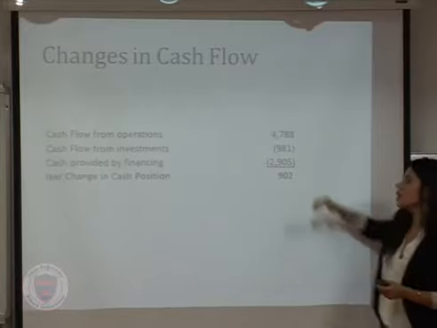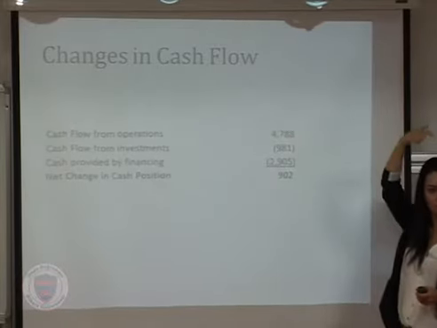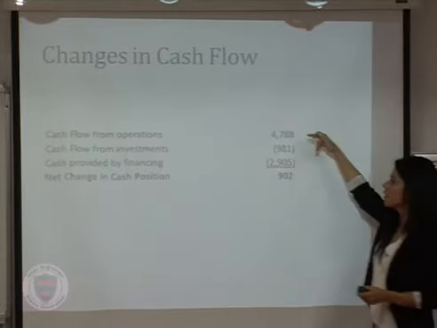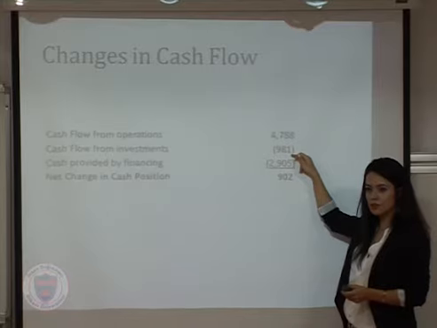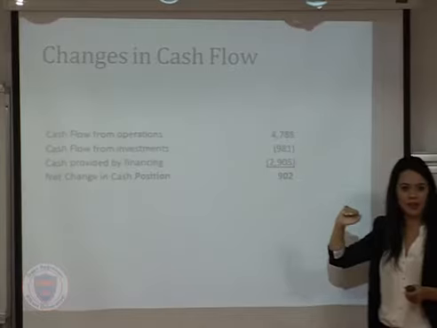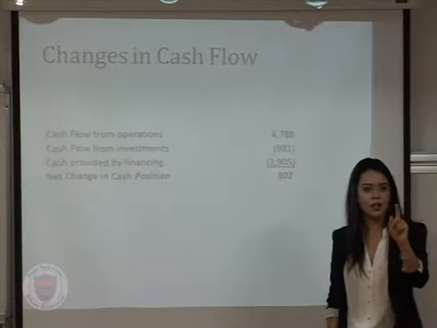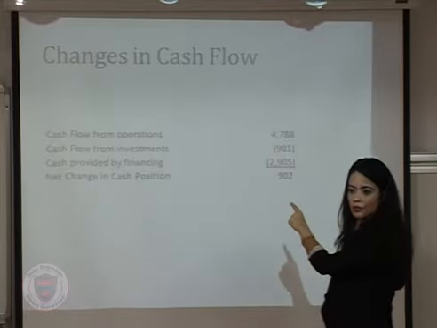So now you know the cash flow from operations, which was the net income, depreciation, working capital part. You know the cash flow from investments. Two more slides, don't go. And then you have cash provided by financing. One question. The money you paid for the factory, where should we see it?